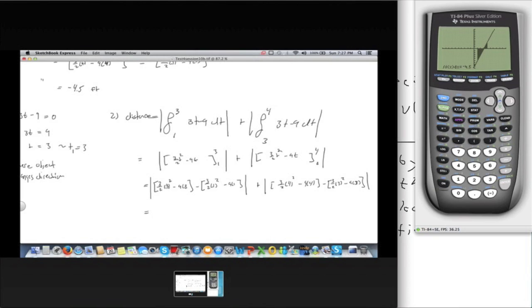I'm going to split these ones up. 21 plus, well, the absolute value of 21 plus bracket 3 divided by 2 times 4 squared minus 9 times 4 is bracket minus bracket 3 divided by 2 times 3 squared minus 9 times 3, bracket.